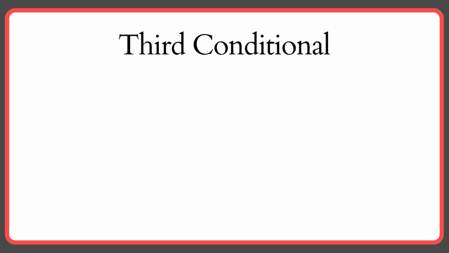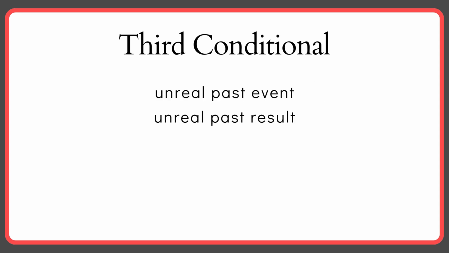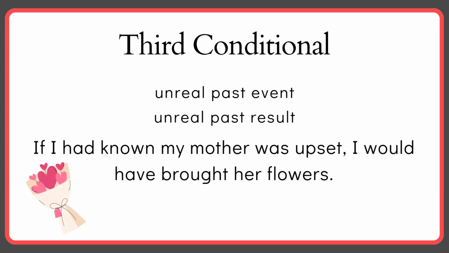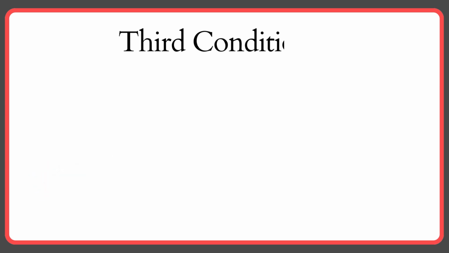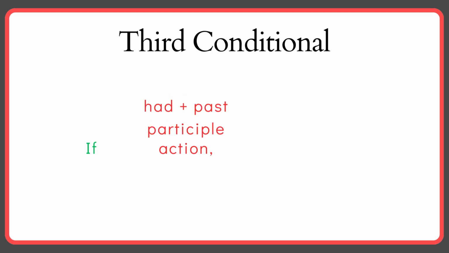The third conditional is used to talk about unreal events in the past. We usually use it to talk about regret. Because this event didn't happen, this other result didn't happen either. For example, if I had known my mother was upset, I would have brought her flowers. To form the third conditional, we use if, then had with a past participle, and then a comma.